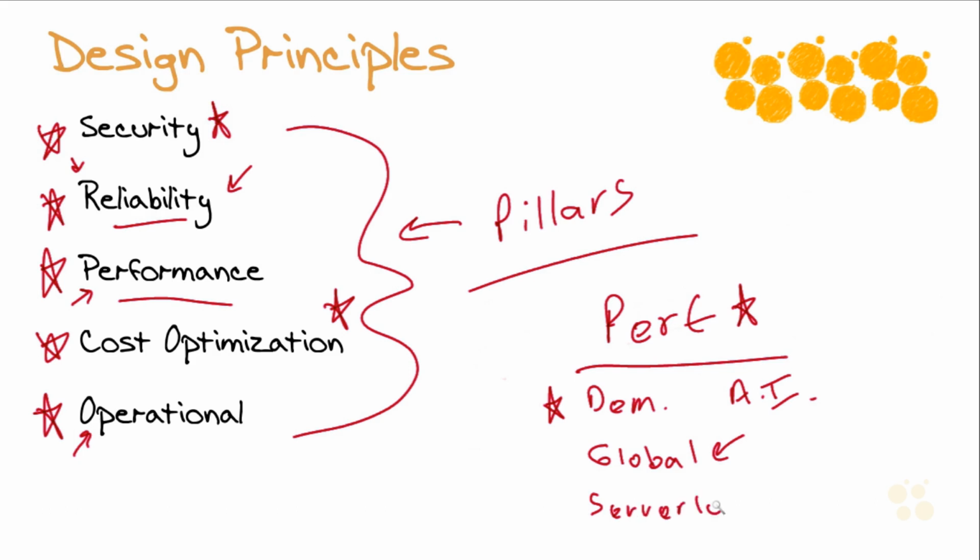Serverless computing is super popular, and we have a service called Lambda that does this for us, so that's awesome. We don't need to spin up servers to get compute resources anymore. Remember, we can experiment very easily in Amazon Web Services. That can help us with performance.